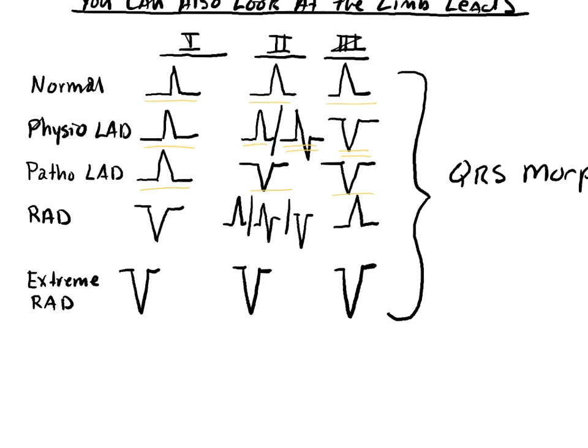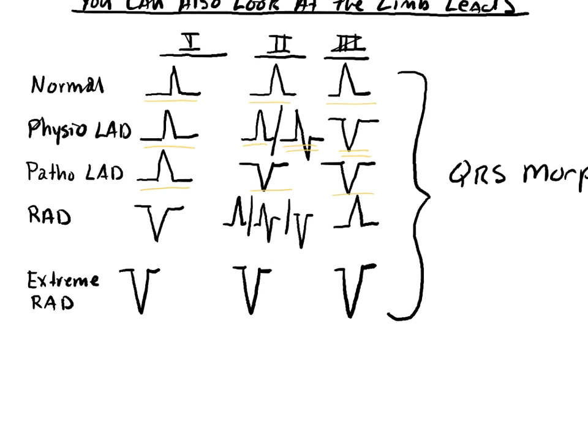So up, up, up is normal. Up, up/biphasic, and down is physiological LAD, and then up, down, down is pathological left axis deviation. You guys good with that?